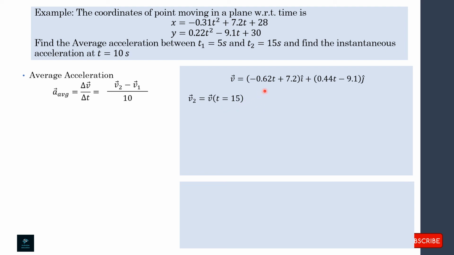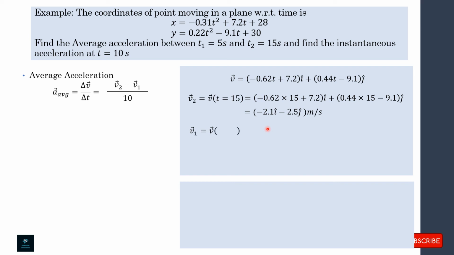Putting t equal to 15 seconds here, we get V2 equal to (minus 0.62 into 15 plus 7.2) i plus (0.44 into 15 minus 9.1) j. This comes out to be minus 2.1 i minus 2.5 j meter per second.